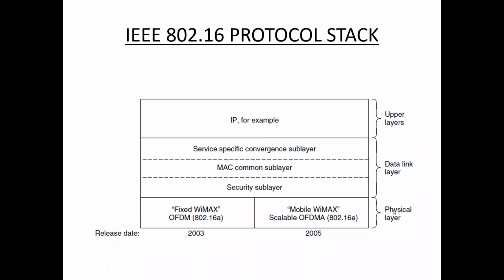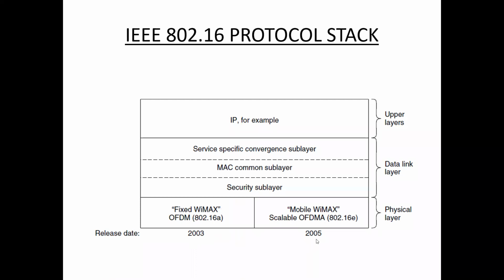The two popular services of the physical layer are fixed WiMAX and mobile WiMAX. They both operate below 11 gigahertz. Fixed WiMAX was released in 2003, and mobile WiMAX was released in 2005.